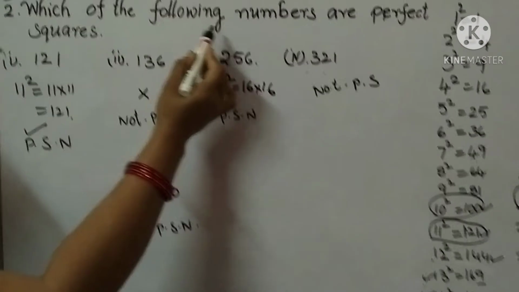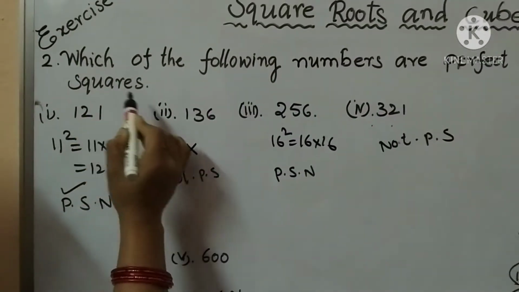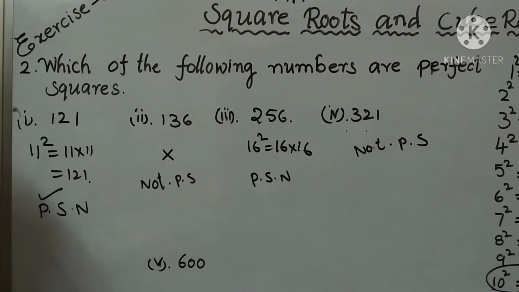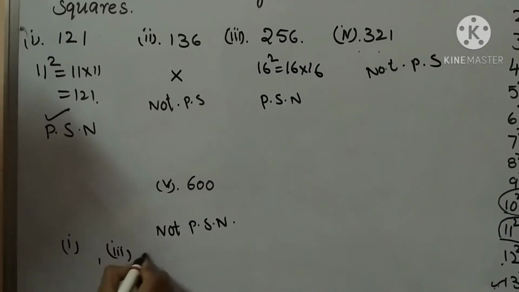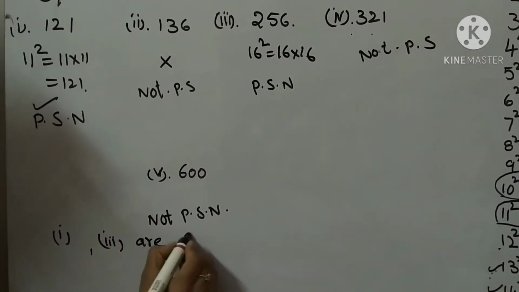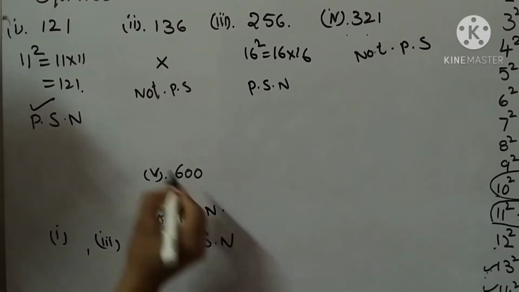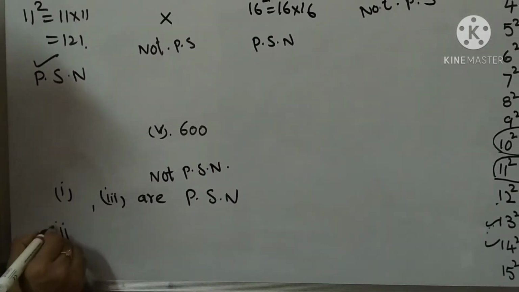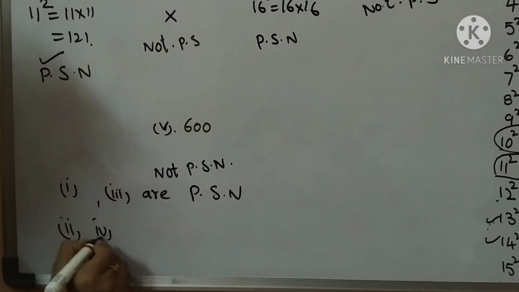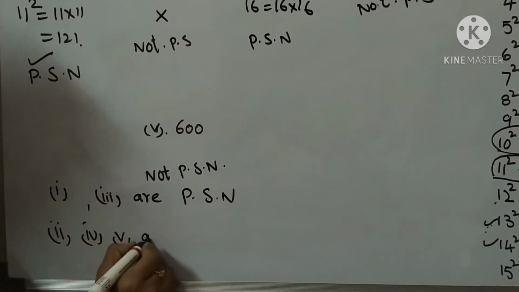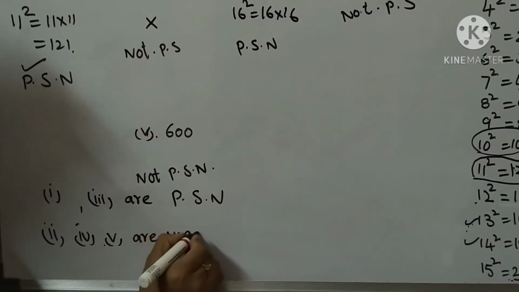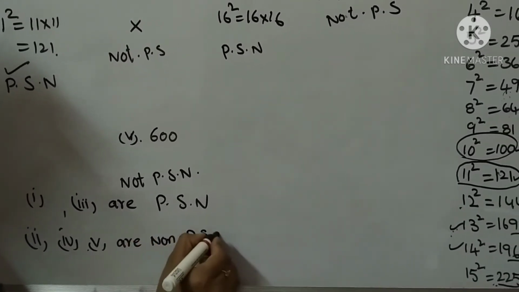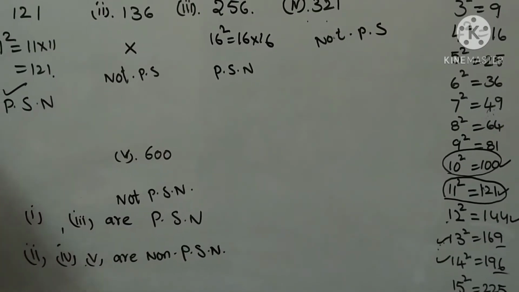Of the following numbers, the first one and the third one are perfect square numbers. The second, fourth, and fifth ones are non-perfect square numbers.